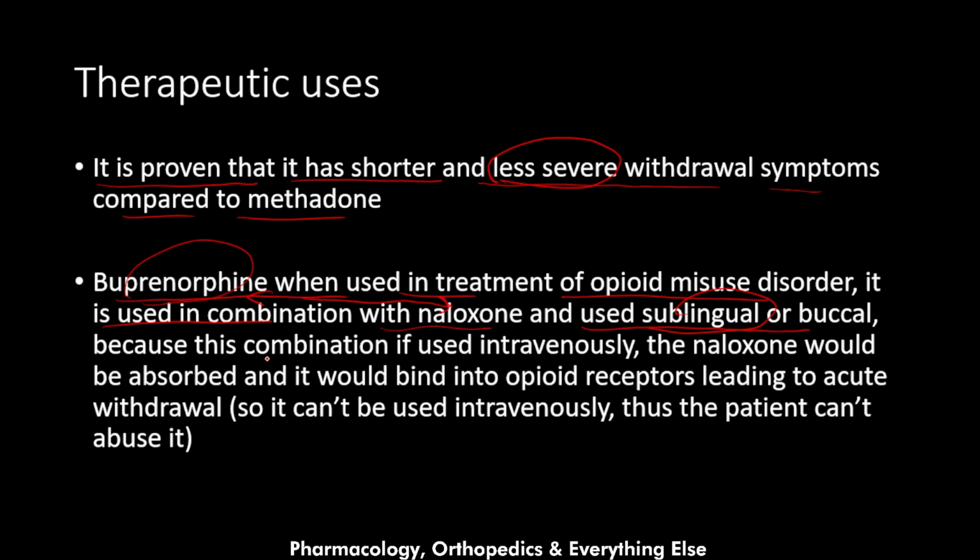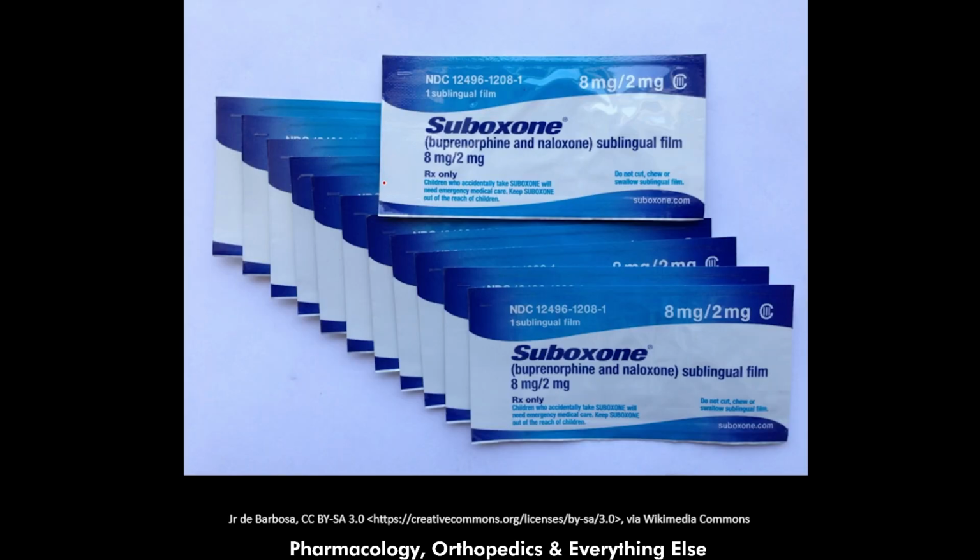And if the combination is used intravenously, like some patients would try to make the combination into an intravenous formula to get high with it, the naloxone would be absorbed and it would bind to the opioid receptors, leading to acute withdrawal. So it can't be used intravenously, thus the patient can't abuse it. This is the famous trade name for buprenorphine and naloxone. It's called Suboxone.